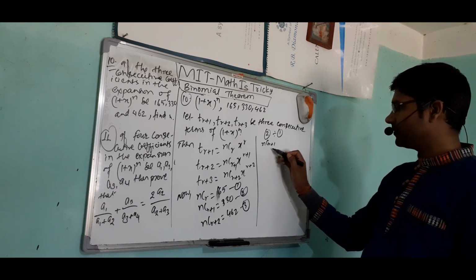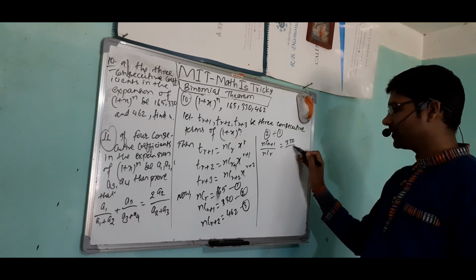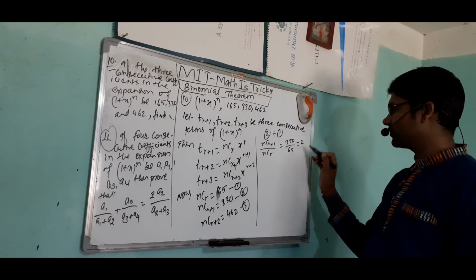We get nC(r+1) by nCr equals 330 by 165, which is 2.